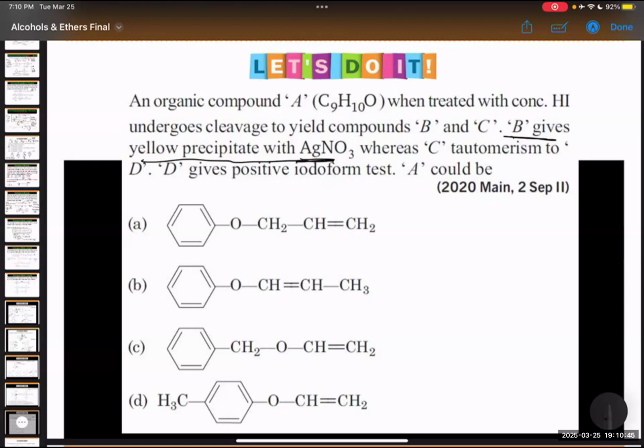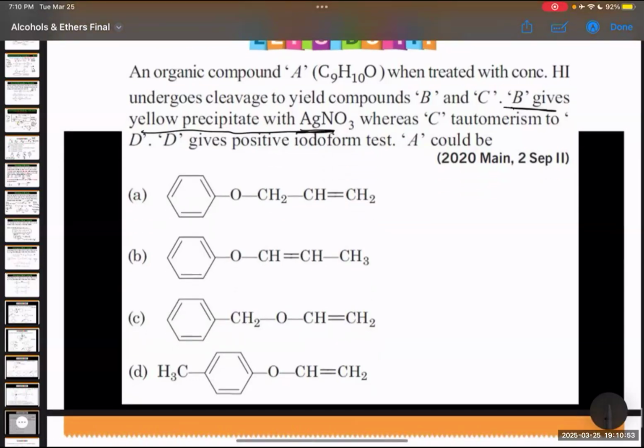So let's check what could be the answer. If you treat this one with HI, this may be the answer, may not be. If you break it with HI, this cation can form easily because it is resonance stabilized.